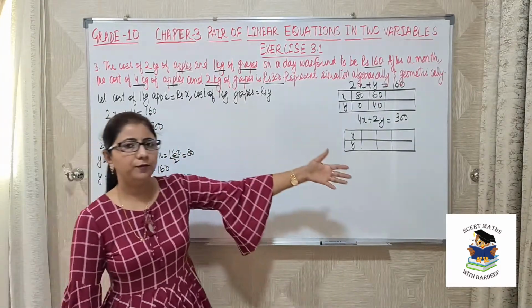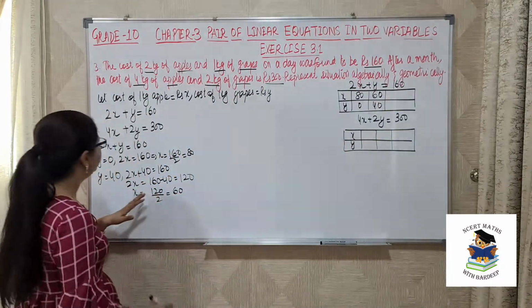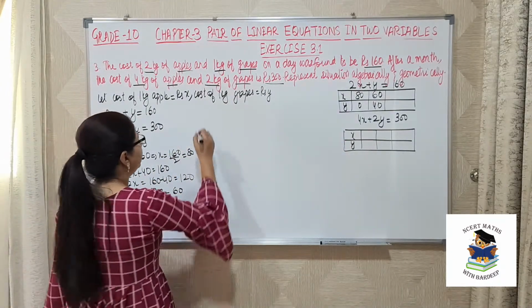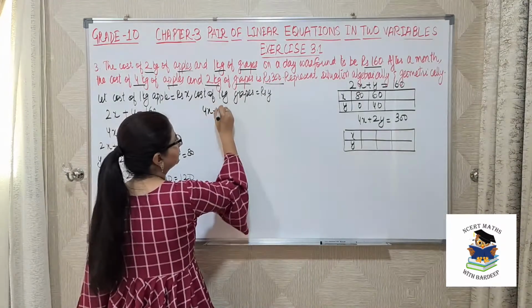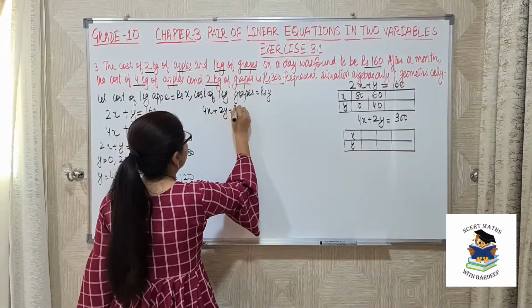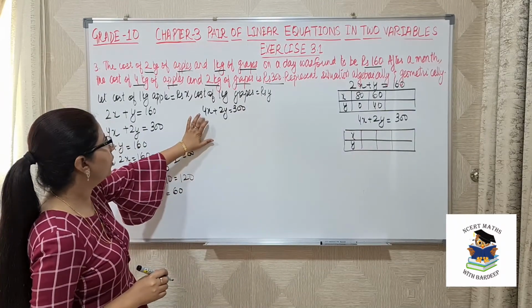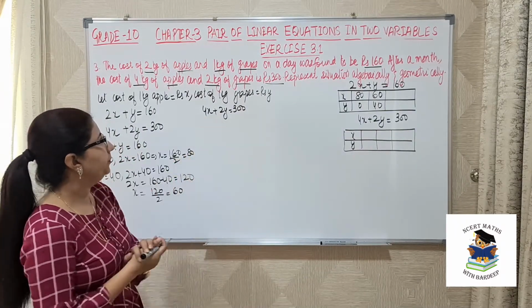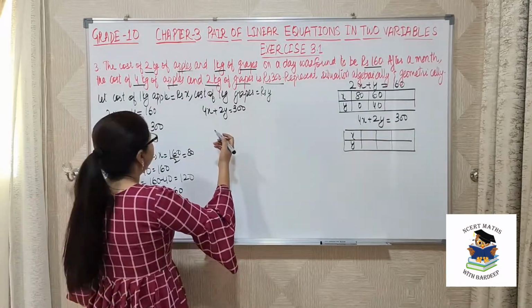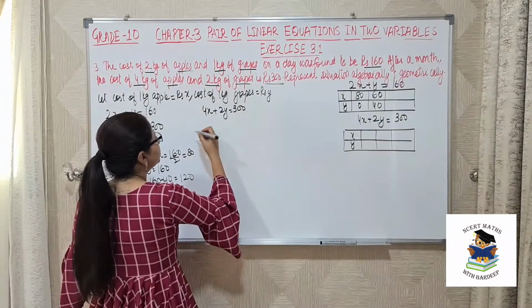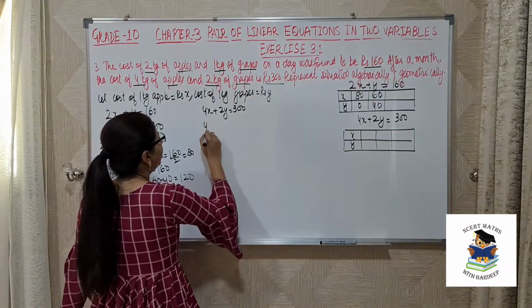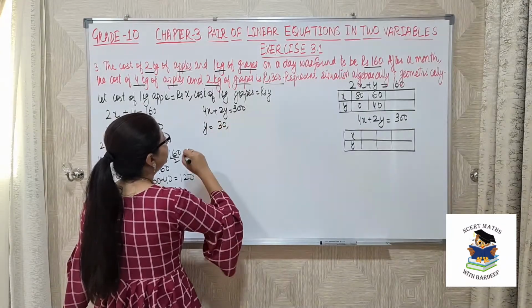So if you want, you can find another value. So I am not going to find. So let's see the second equation. Again, here we have multiples of 4 or multiples of 2. So take any value. Suppose I am taking y as 30.